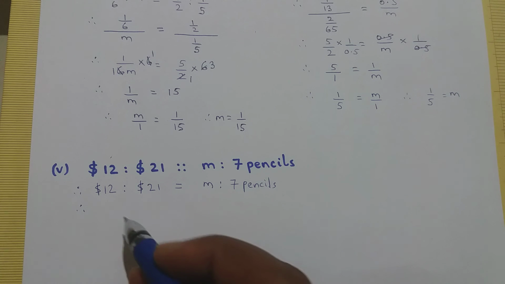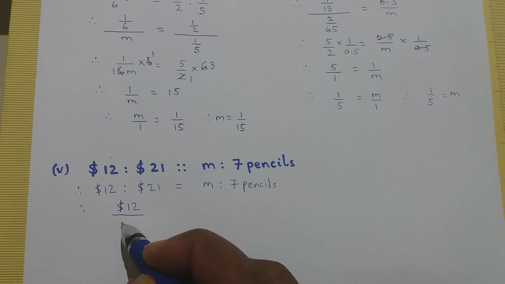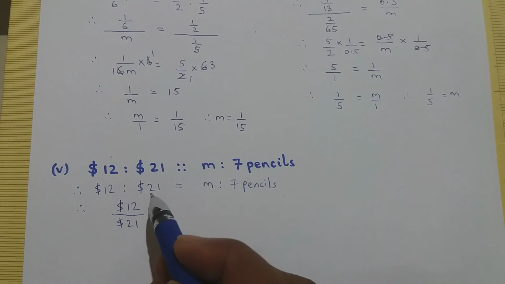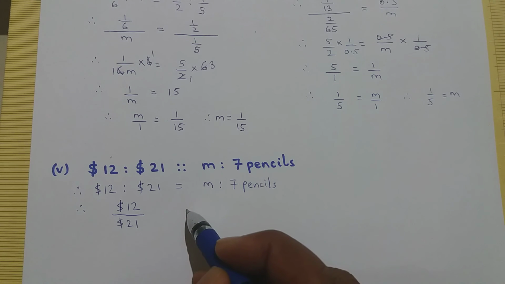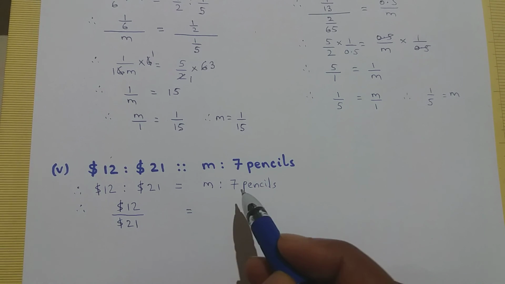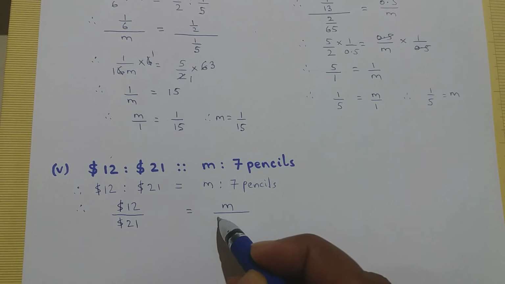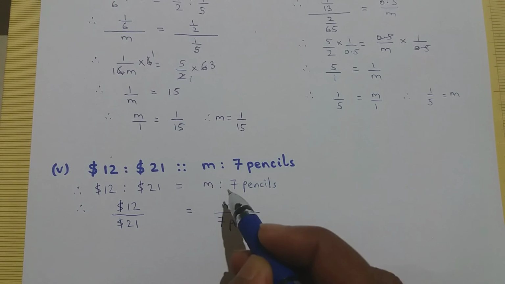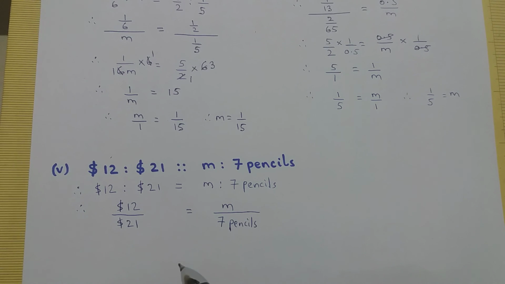Now $12 is to $21, I can write it as $12 upon $21, that is equal to m is to 7 pencils, which I can write as m upon 7 pencils.